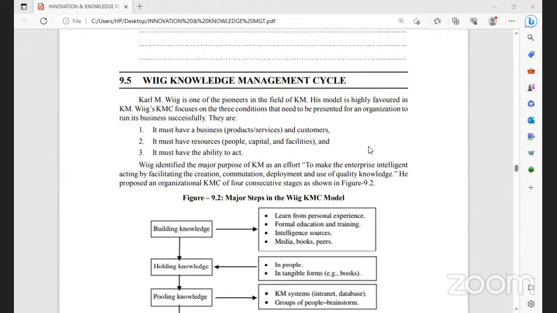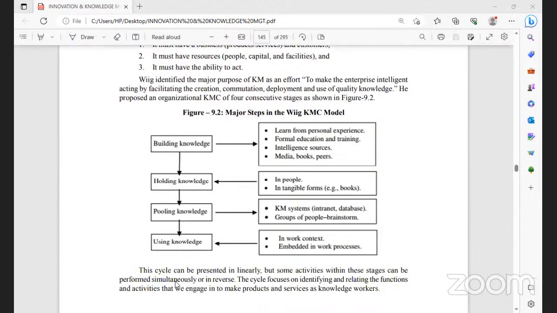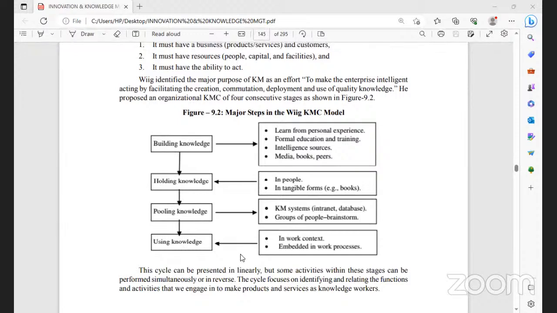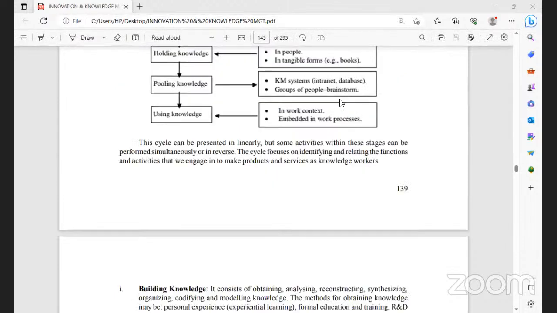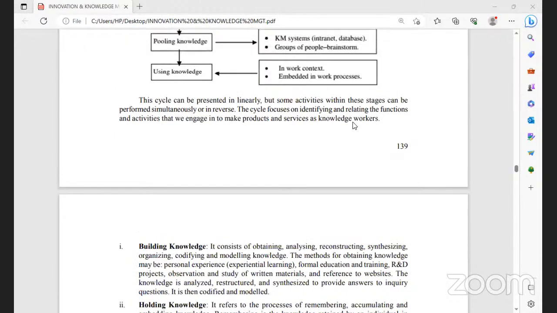Means implementation is mandatory. And the chart illustrates building knowledge, holding knowledge, pooling knowledge, and using knowledge in hierarchical steps of this big knowledge management cycle model. This cycle can be presented linearly, but some activities within these stages can be performed simultaneously or in reverse.